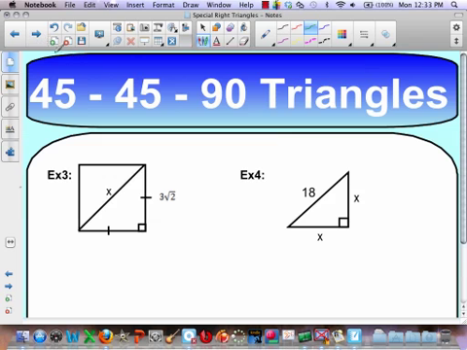Okay, it's a little bit different here. What type of shape do I have there in example 3? It's a square. And squares, when you draw the diagonals, always create a 45, 45, 90.